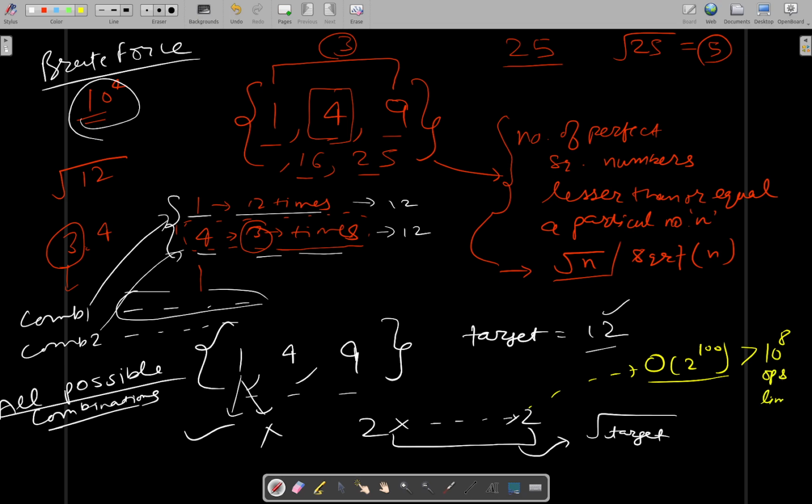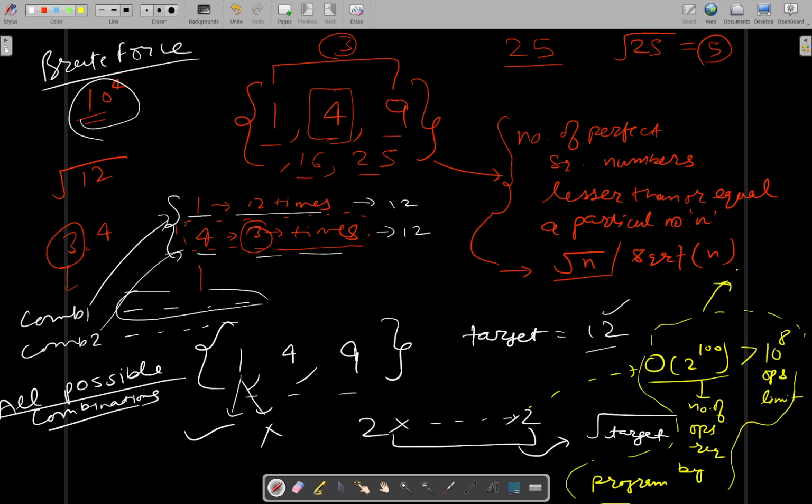If the number of operations required by your solution exceeds or becomes equal to this operation limit, then you may get a TLE, time limit exceeded, and your solution will not be accepted. So we have to do some optimizations in this brute force approach.